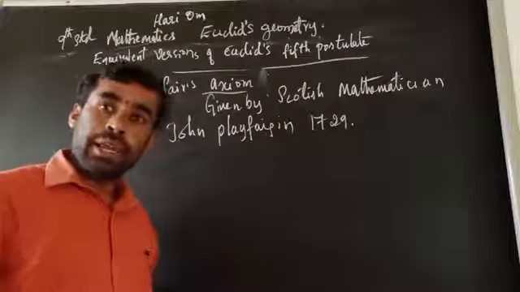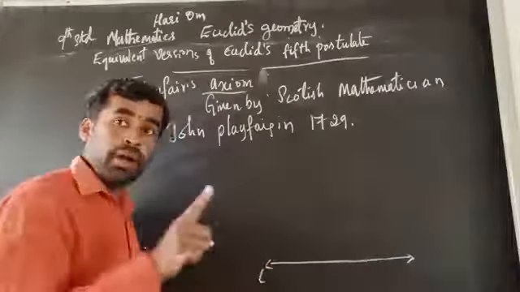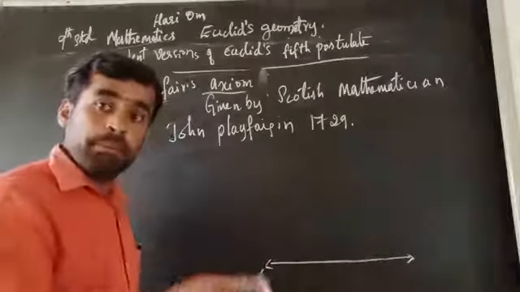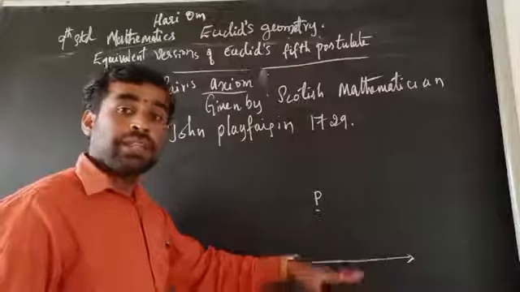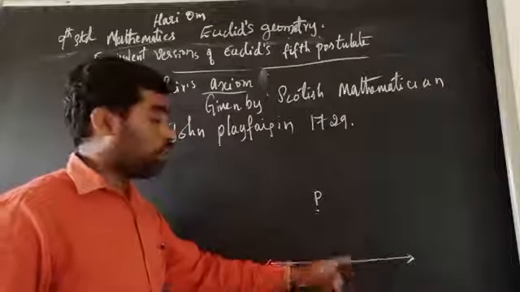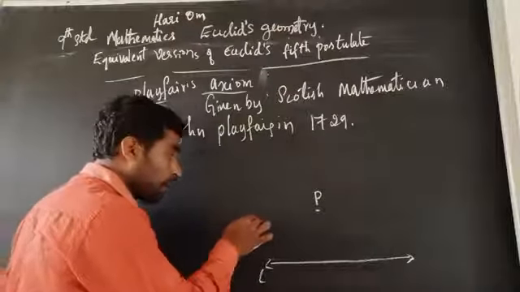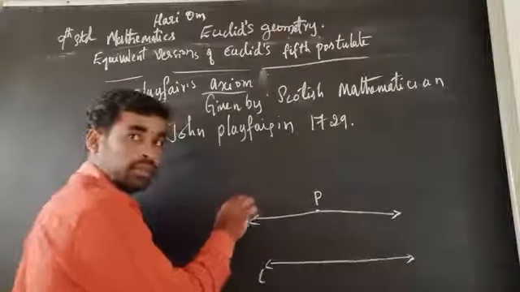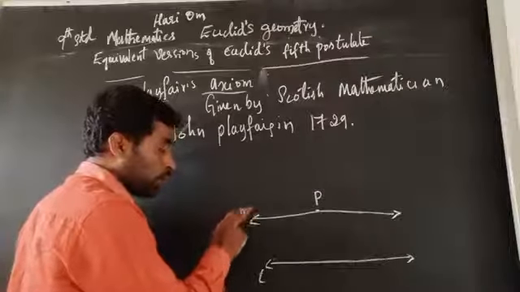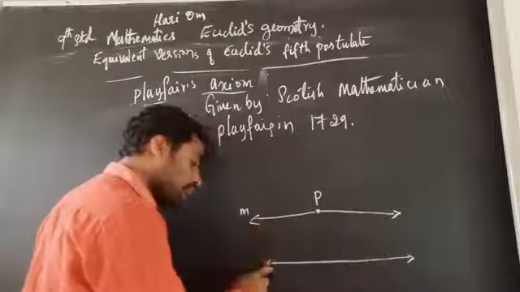So the statement: for every line L, we have to take a point P other than on the line L, and mark it as P. We should not take the point on the straight line L. Now, we can draw only one line through P which is parallel to L. Is it clear?